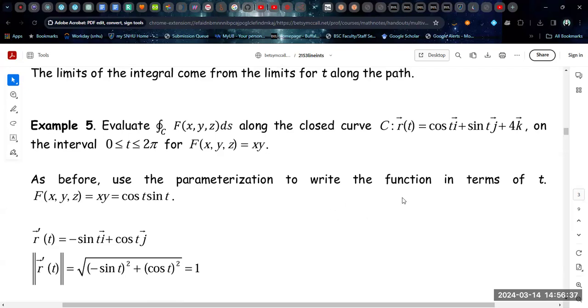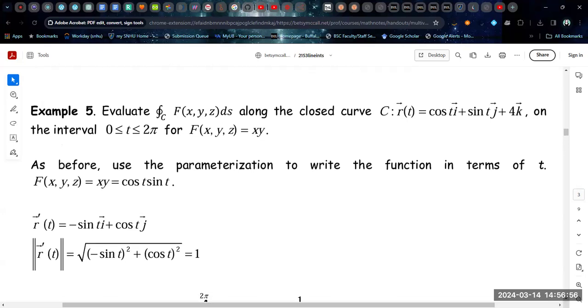And so before the parameterization of the function in terms of t, we're going to take our function here, that is expressed as x and y. And so we're going to replace x with cosine and y with sine. So we're going to get cosine t sine t.